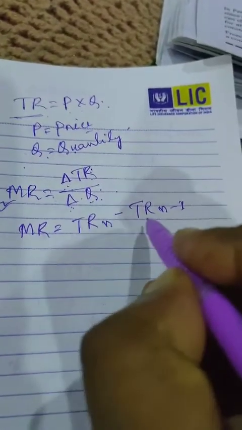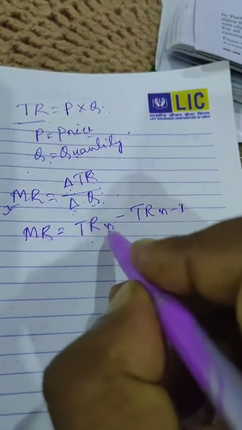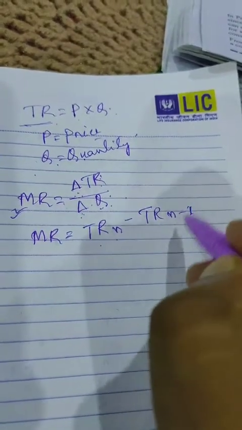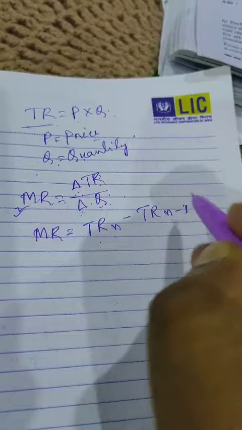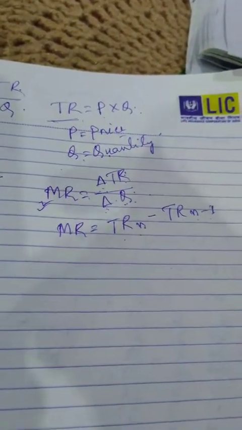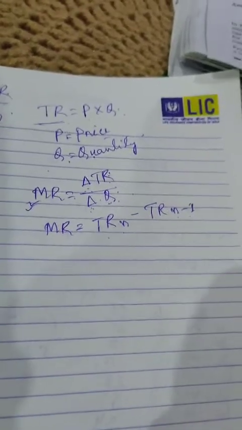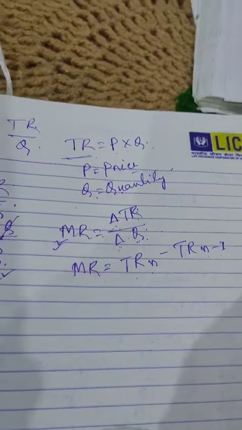When we subtract the total revenue of the (n minus 1)th item from that of the nth item, we get marginal revenue. I think these were discussed by your respected Shikha ma'am in the revenue chapter, and you have got the concept.